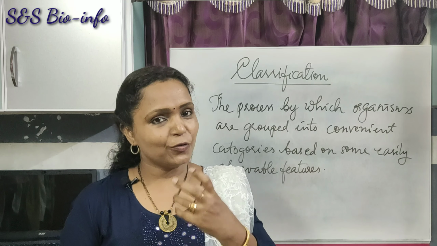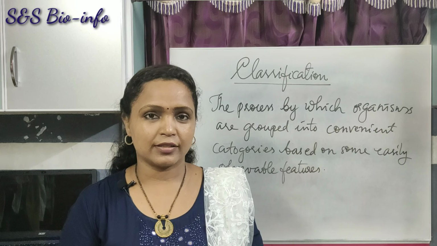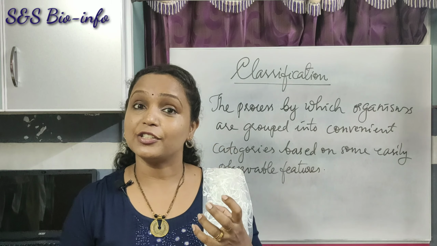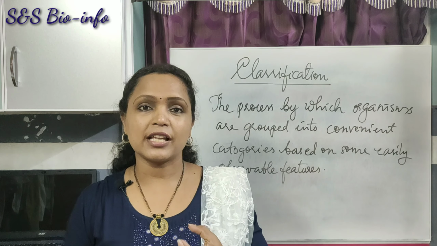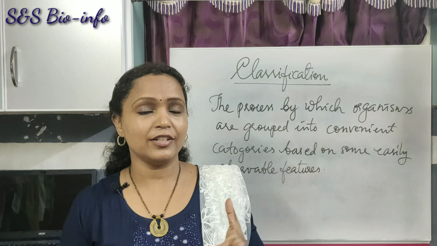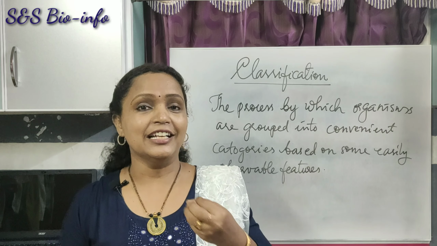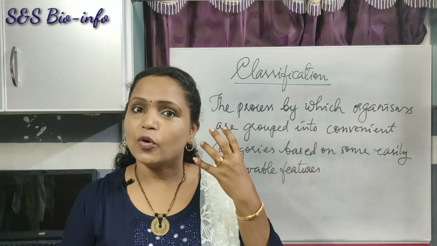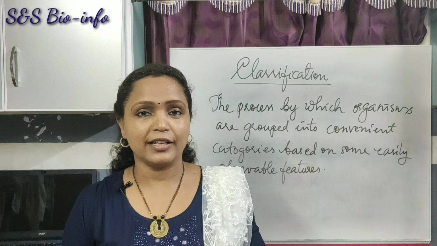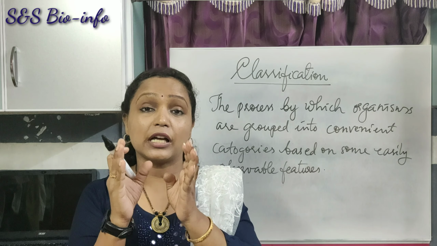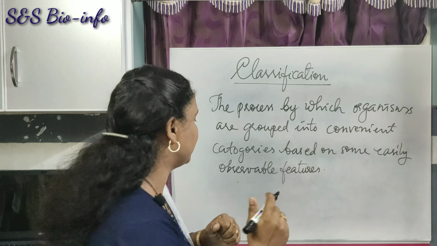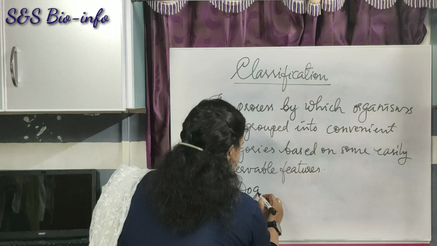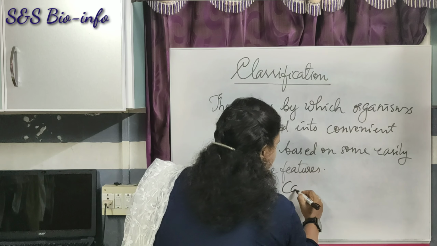For example, when we think about dogs, we remember the features of dogs. All dogs have similar common features that reflect in our mind. So, dogs represent a category.